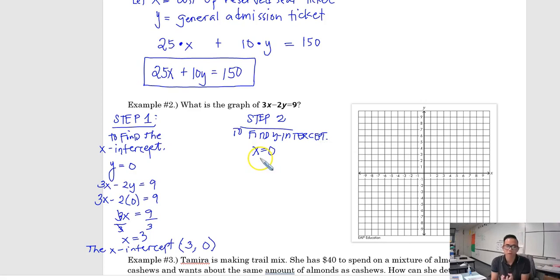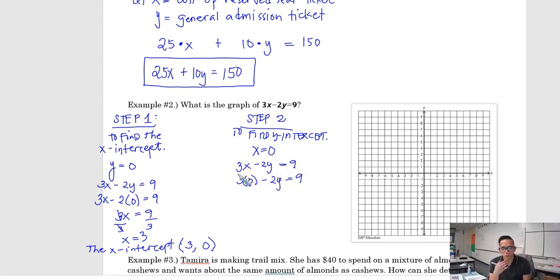So we are looking for the value of y here. Again, the same process. You go 3x minus 2y is equal to 9, and plug in 0 to your x. So 3 times 0 minus 2y is equal to 9.